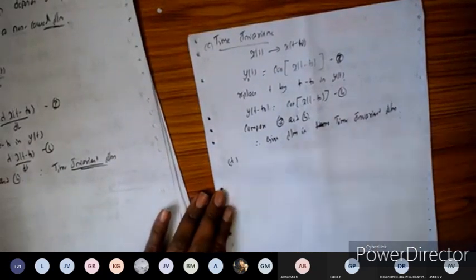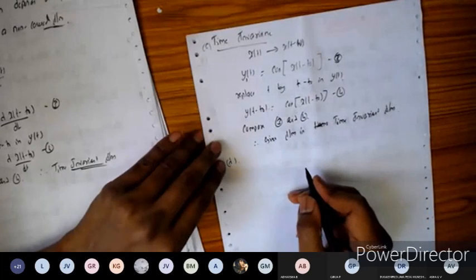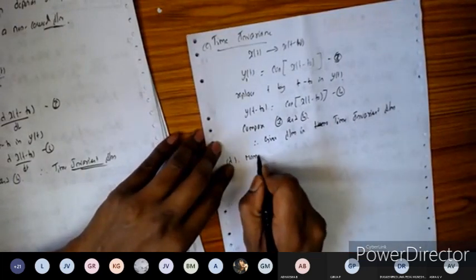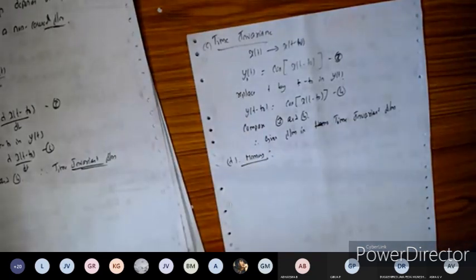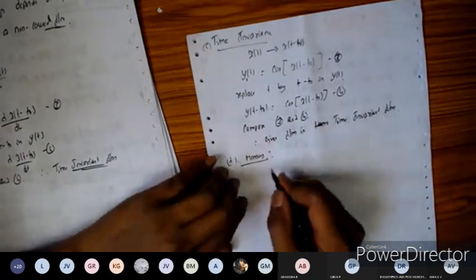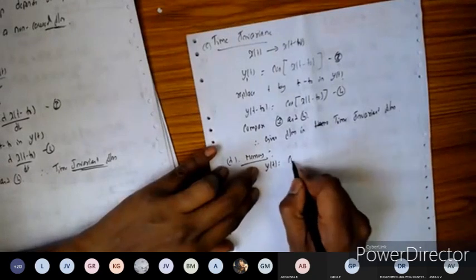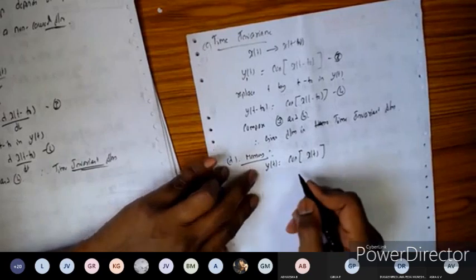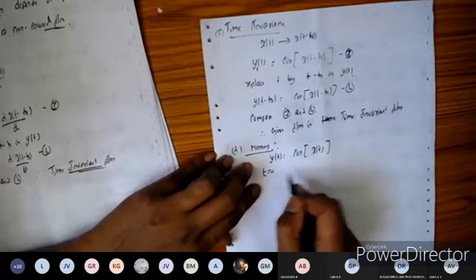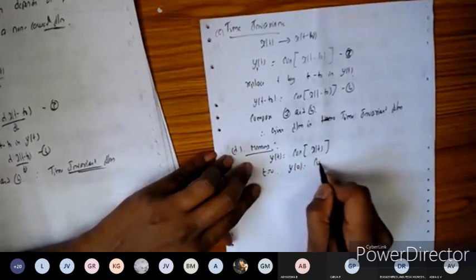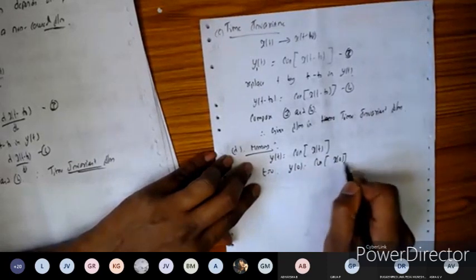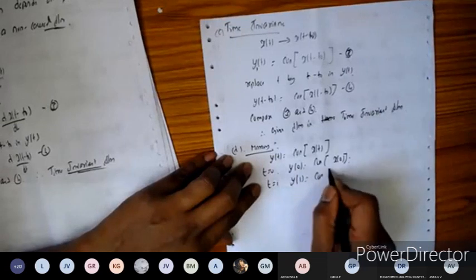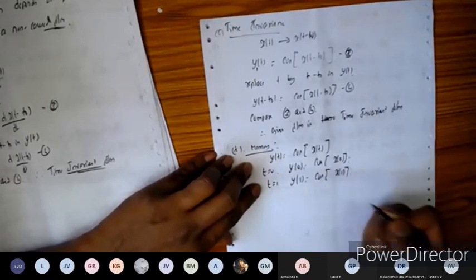Any doubts? Okay, so let us go for finding the memory. y of t is equal to cos of x of t. If I substitute t is equal to 0, y of 0 becomes cos of x of 0. Similarly, t is equal to 1, so y of 1 is equal to cos of x of 1.